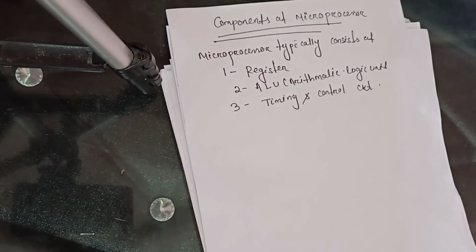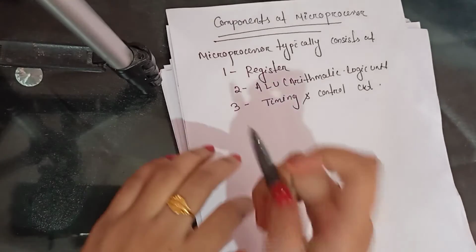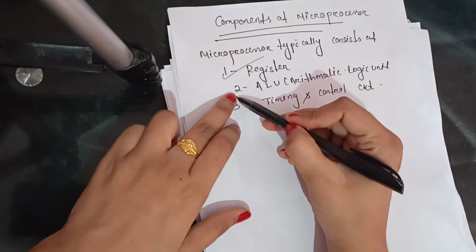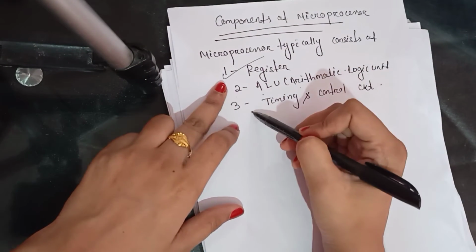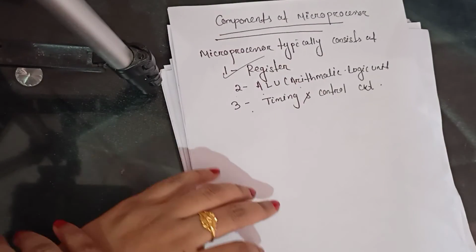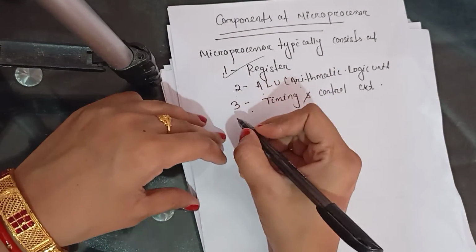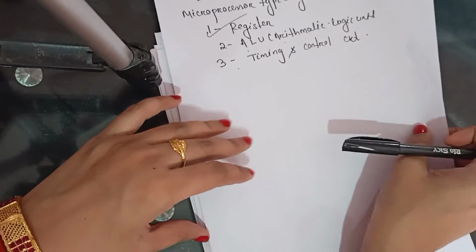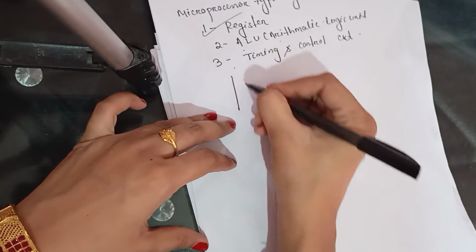Okay, clear? Your microprocessor consists of three components: first, the register; second, the arithmetic logic unit; and third, the timing and control circuit.